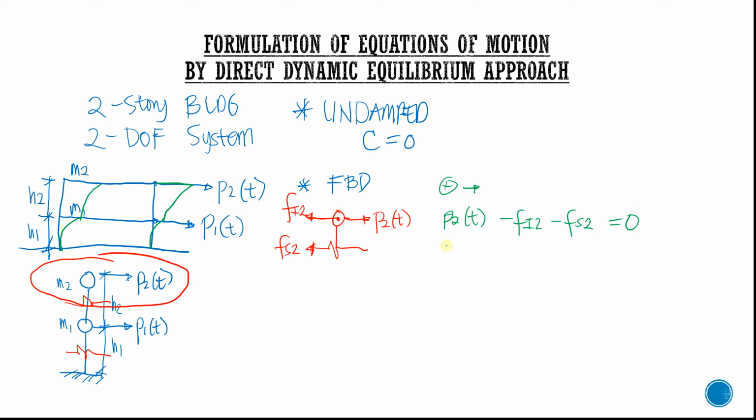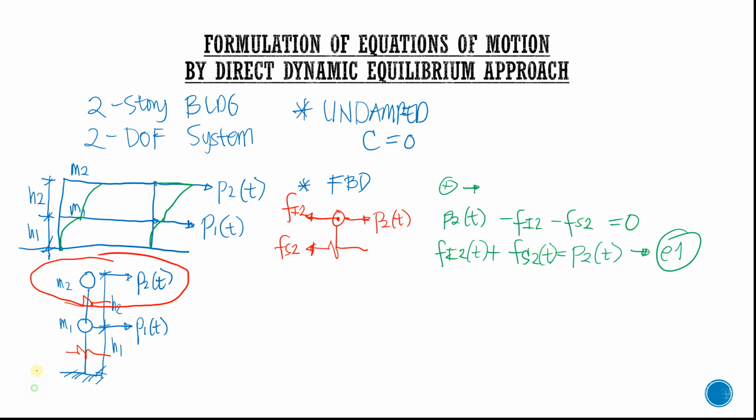Or simply we can rewrite that as the inertial force of the second floor plus the static force of the second floor is equal to the dynamic force of the second floor. We have also the t there, as a function of time. It denotes that these values are also changing through time. They are dynamic. Let's say this is our equation 1.